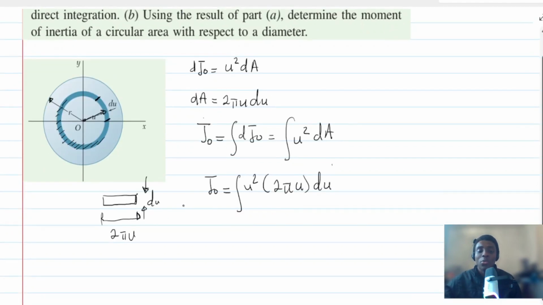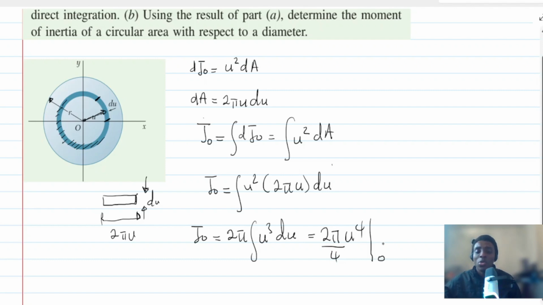The 2 pi is a constant and comes out. Then we integrate u cubed with respect to u, which is u to the power 4 divided by 4, running from u equals 0 all the way to the radius r.